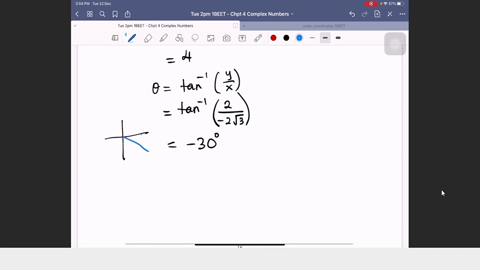If this value is positive, the calculator will give you a quadrant 1 angle, because last time I mentioned the calculator follows the restricted domain.